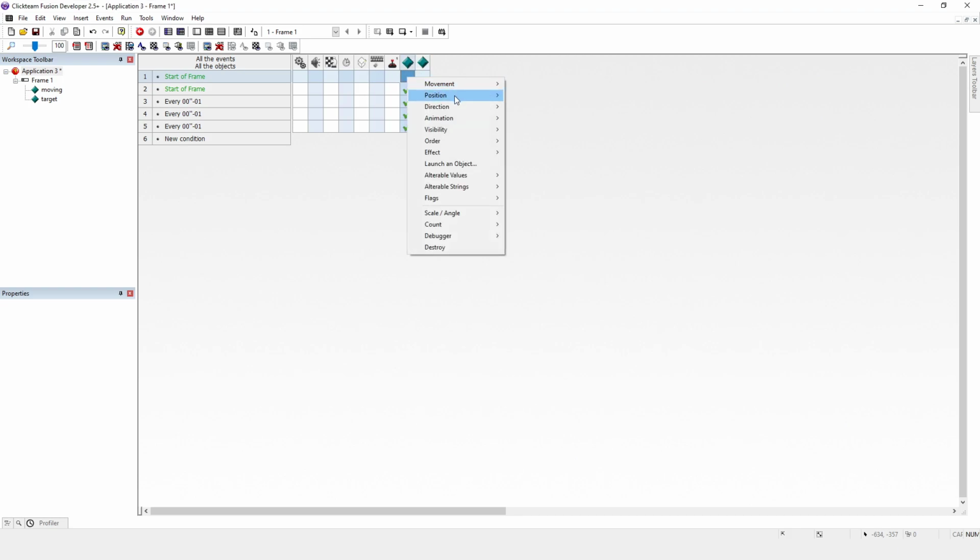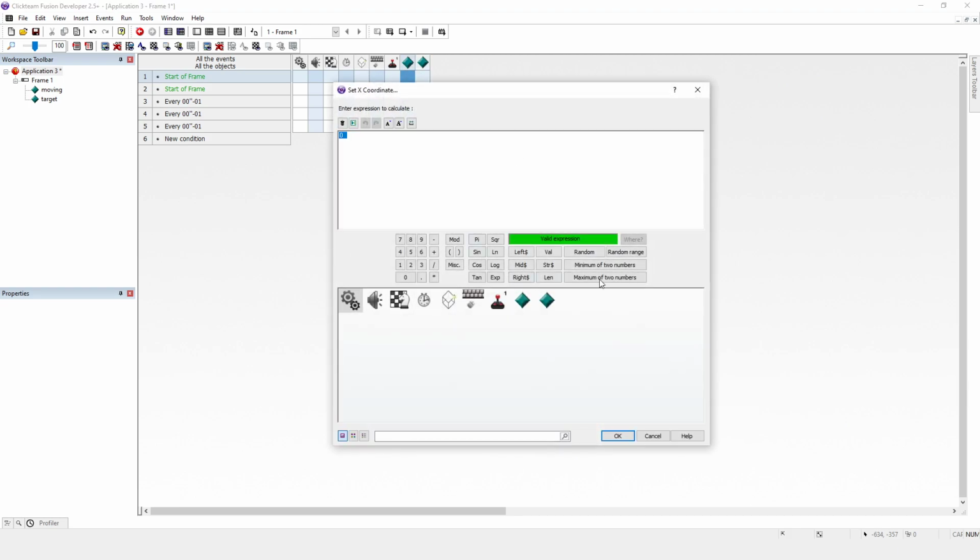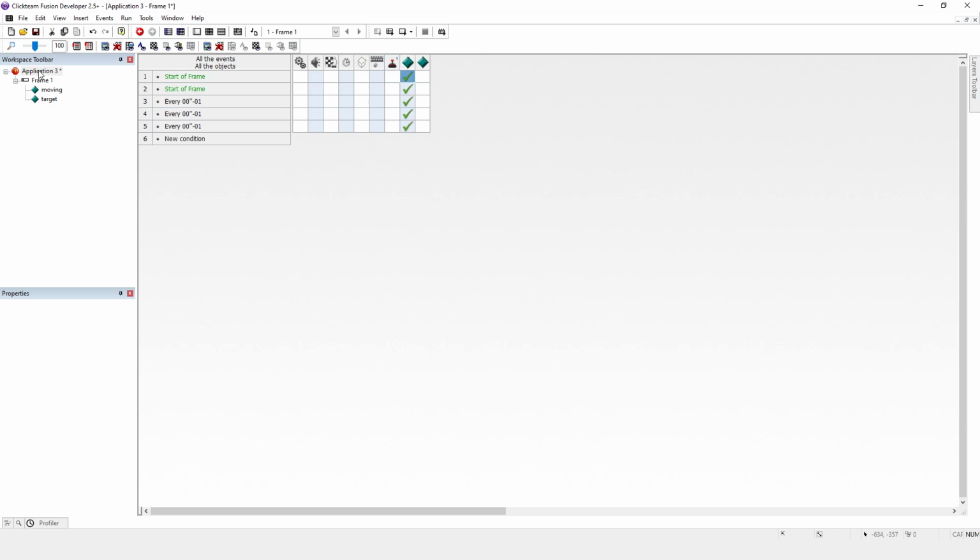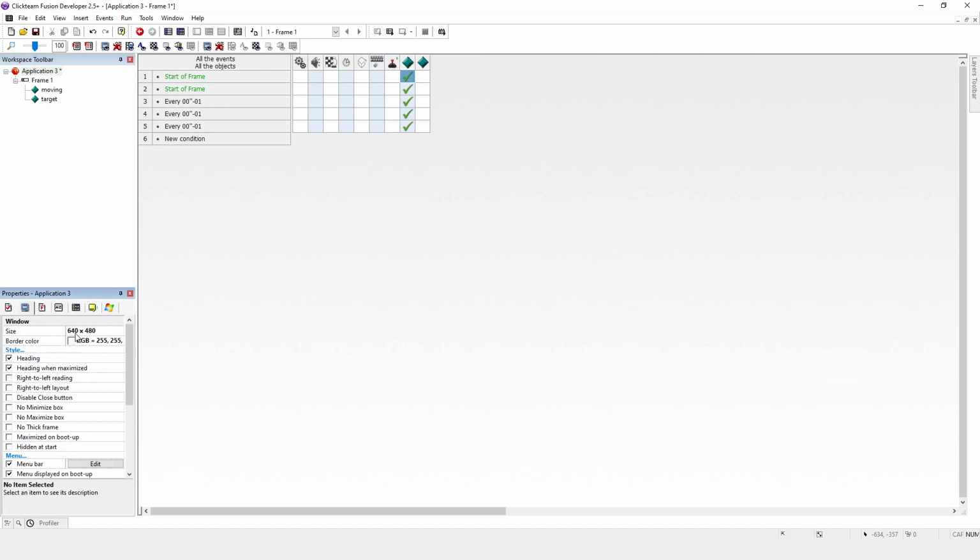So what I'm going to do is just change the position of this randomly. And you know that I like to specify what my minimum and maximum is. I think it's 480 by 640, but I'm not 100% sure. I think it is. Let's have a look what the standard one is, 640 by 480.